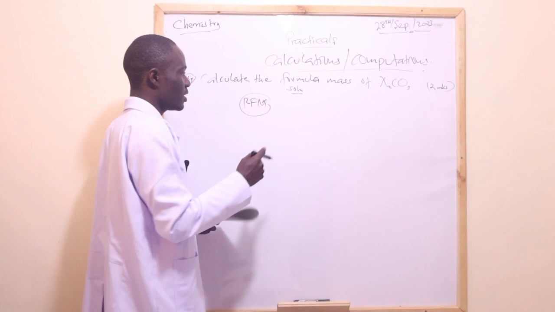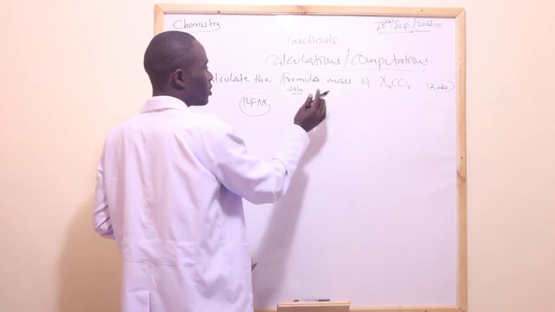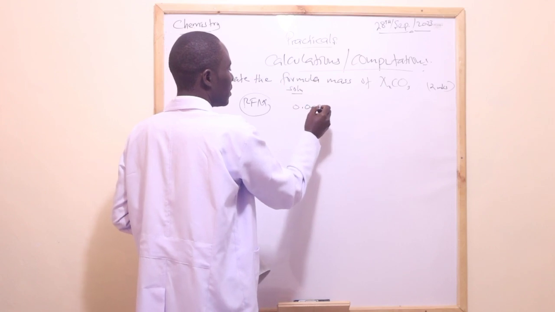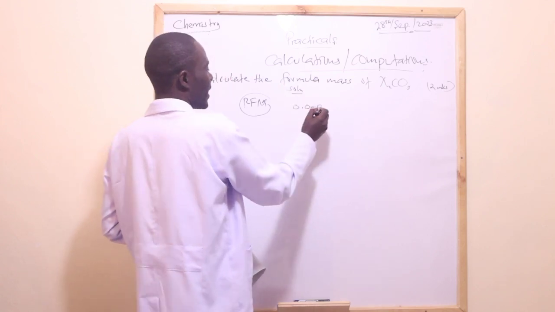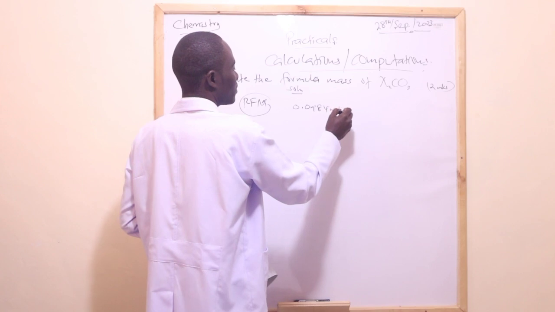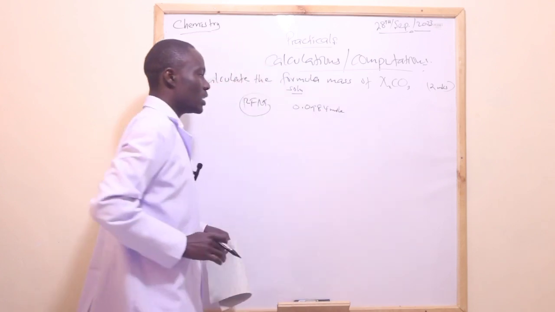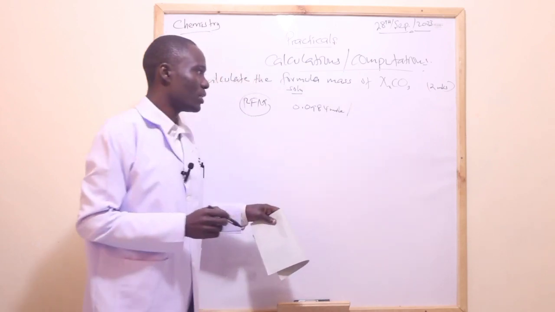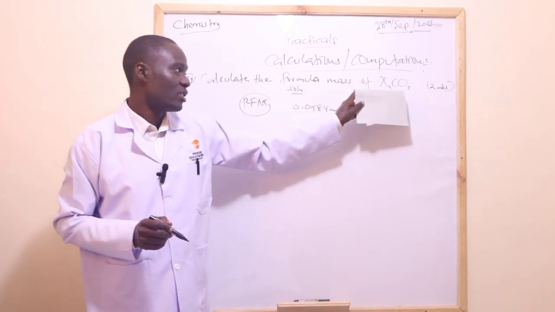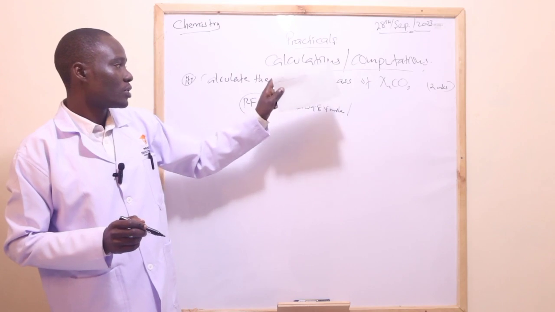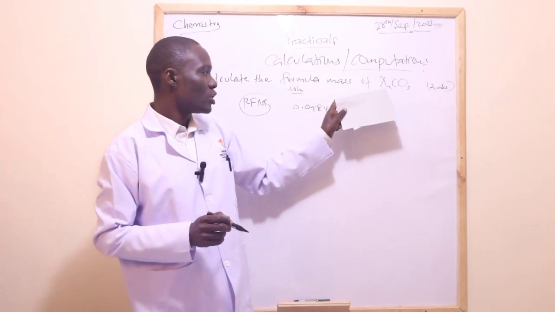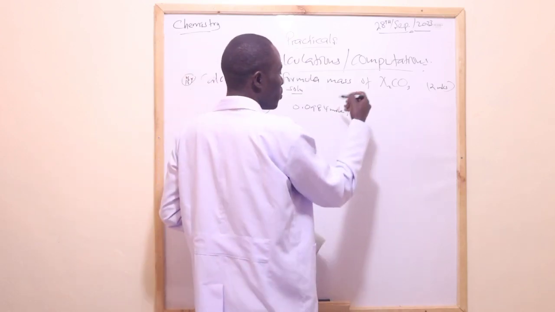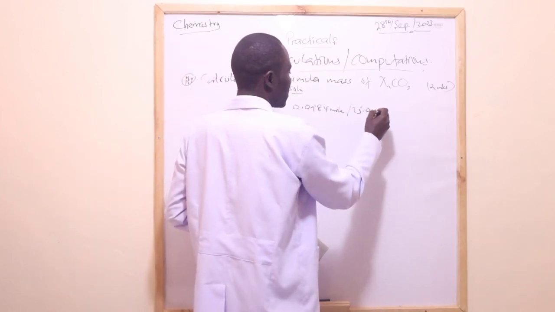In this case, we found that the moles are 0.0984 moles, and this is dissolved in the volume that was used during titration for the analyte, which was solution BA21, for which we used 25 cubic centimeters.